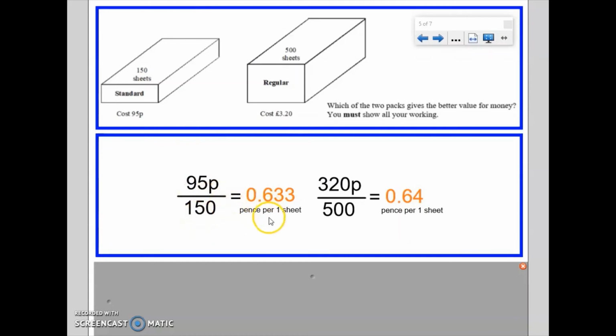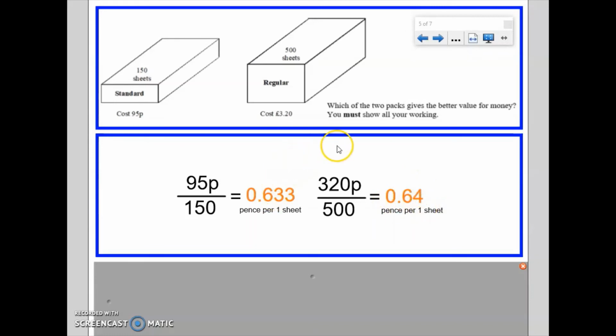So that's telling me that one sheet of paper costs 0.633 pence. In my second calculation for the regular box of paper, I took my cost, 320 pence, divided it by a quantity of 500. So the price I'm paying for one sheet of paper is 0.64 pence.